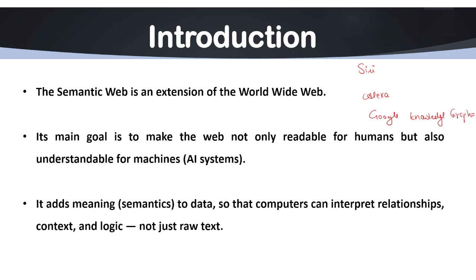These use a semantic web concept to understand the relationships like person, country, president or symptoms, disease, treatment, everything, right? We have already used Siri, Alexa. These days we are using them in our daily lives, right? So all these use semantic web concepts only.